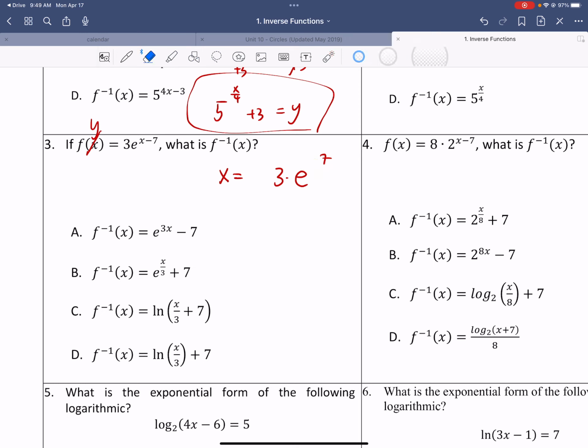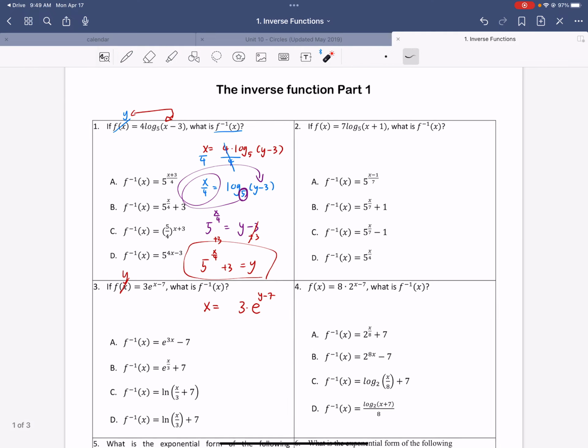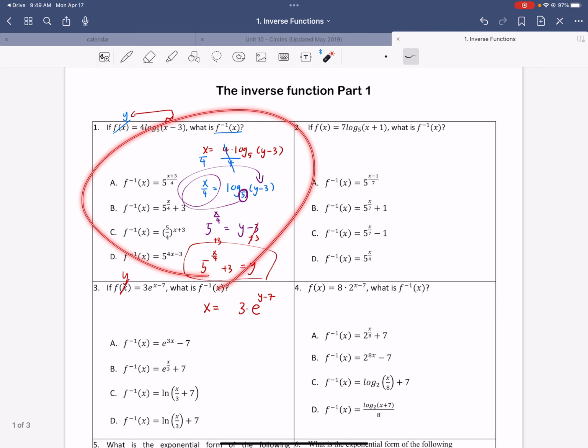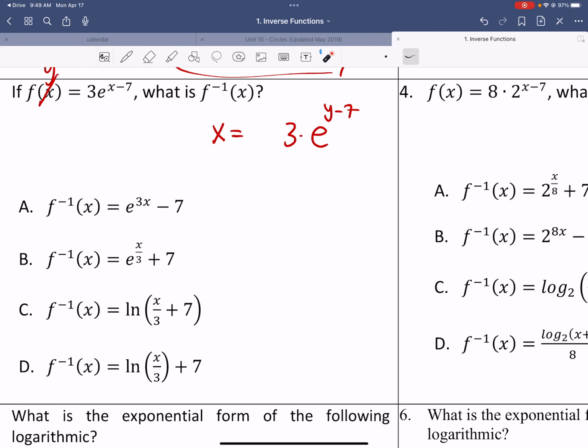Why did I write x? So remember, that's a base. That's exponential. We are doing the opposite of the previous one, okay? So let's do this. I want to get rid of this base e, but 3 is bothering me. So I'm going to divide by 3 on both sides. So I have x over 3 is equal to e to the y minus 7.